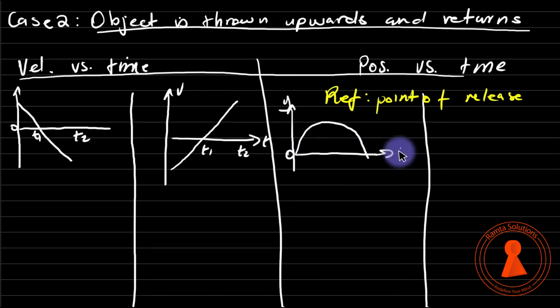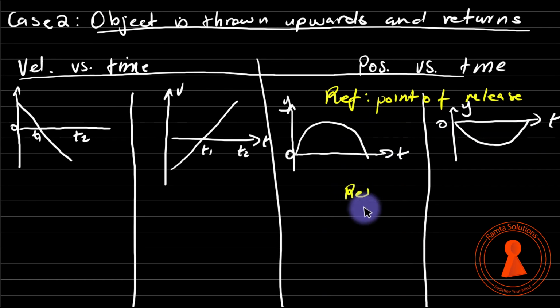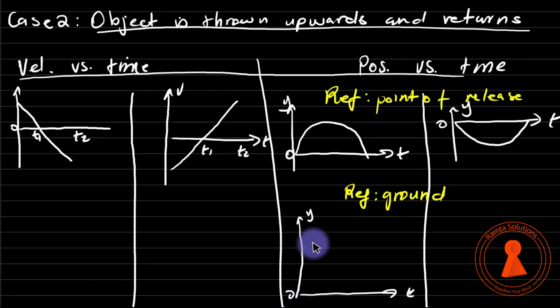Y0 delta t, and this one here was smiling, so it was like this, t y0, right? Now when the reference point was the ground, because we said upwards is positive, it was a bit up there, right?